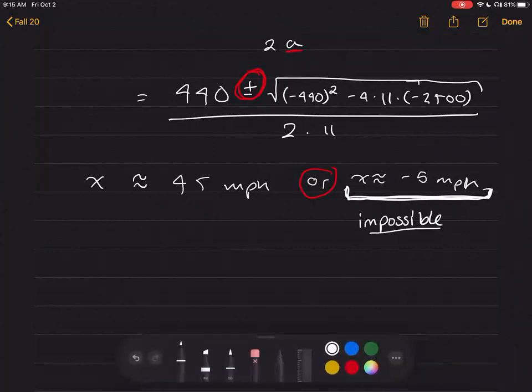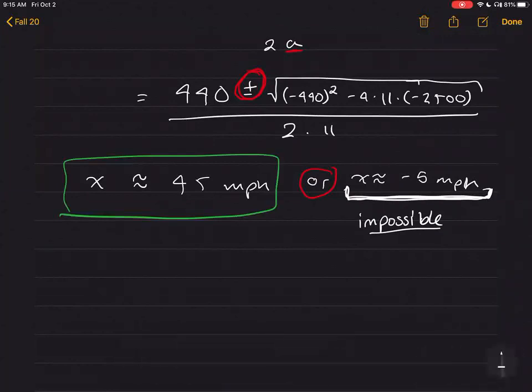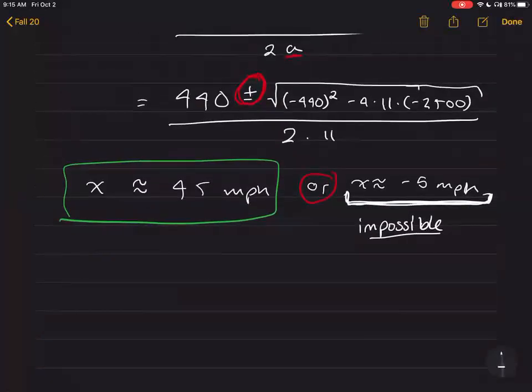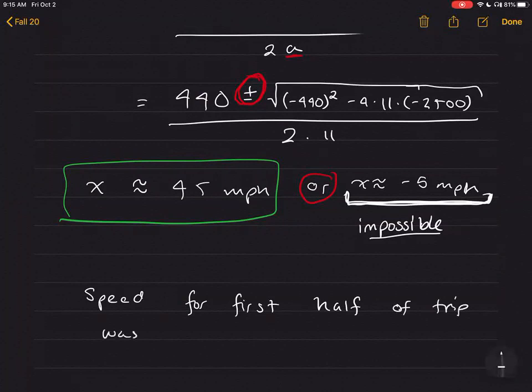So our answer is going to be this one: the speed for the first half of the trip was approximately 45 miles per hour. Cool.